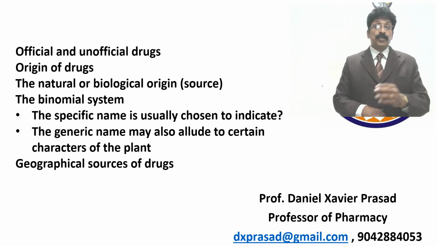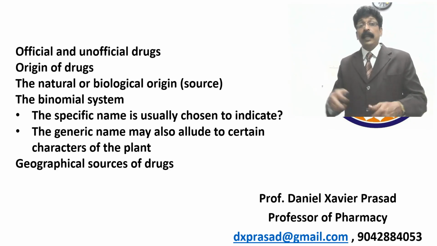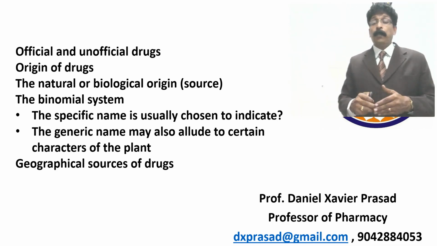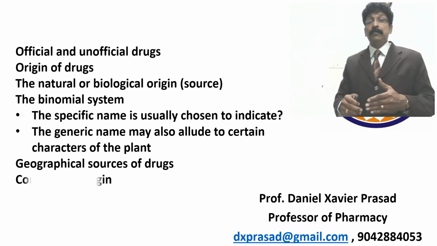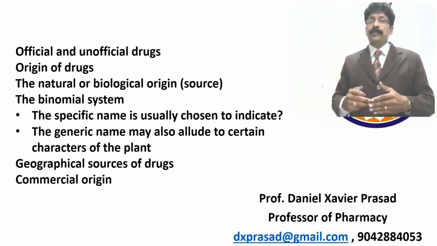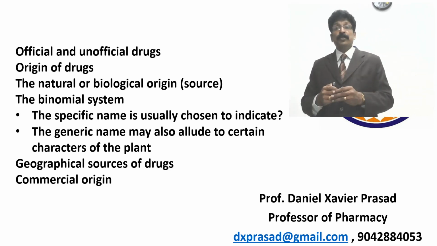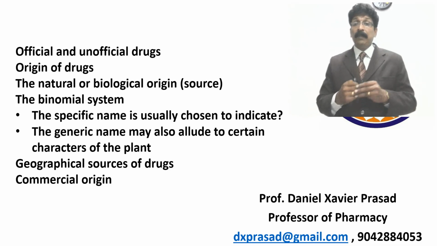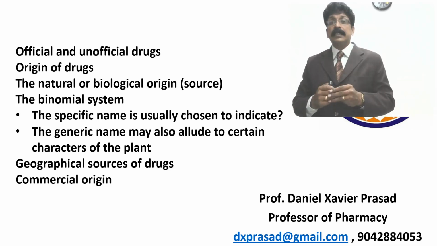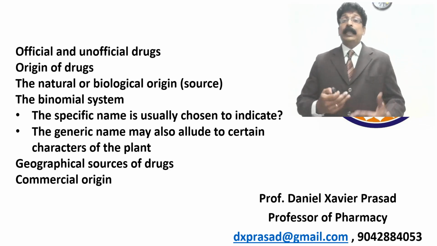What are the geographical sources of plants, dealing with the names or botanical names of the plants, or biological names of the animal or the plants, of the natural source of compounds. And the commercial origin also plays a major role in most of the cases. Sometimes certain drugs, certain crude drugs are cultivated in different countries, different areas where the demand is more.